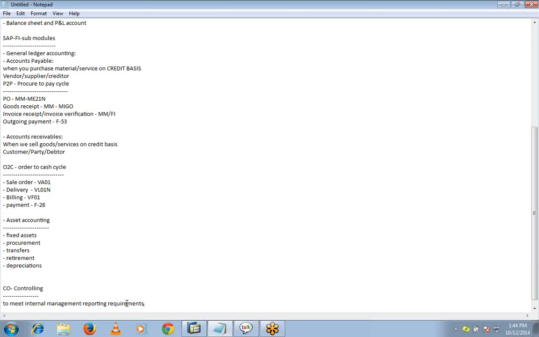So at the end of the month, I am going to take the report for my department. This is the 10 lakhs I planned, and I can see the actual values that have been updated in the system. Let us assume that it came to around 12 lakhs. So as a manager, I have to understand why this 12 lakhs has come.